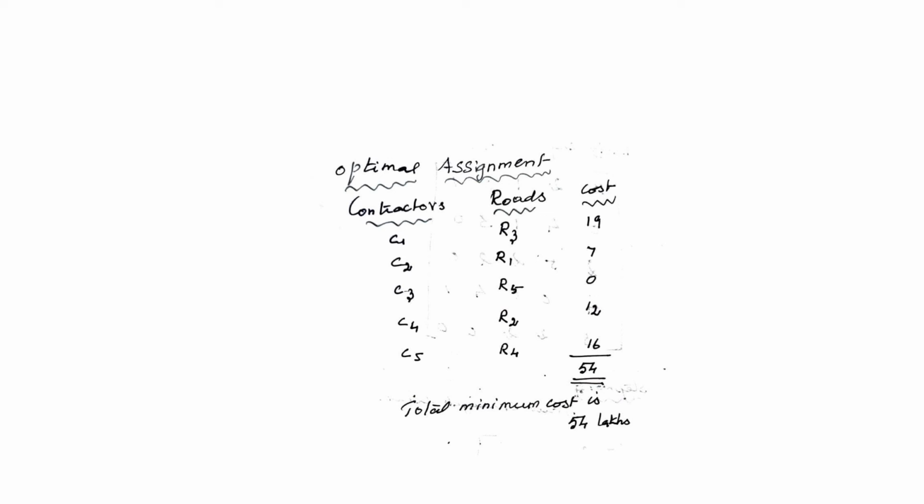Contractor 3 is assigned road number 5, but road number 5 is a dummy column, so there is no assignment for contractor 3. Contractor 4 is assigned road number 2, the cost is 12 lakhs. Contractor 5 is assigned road number 4, the cost is 16 lakhs. Total minimum cost is 54 lakhs.